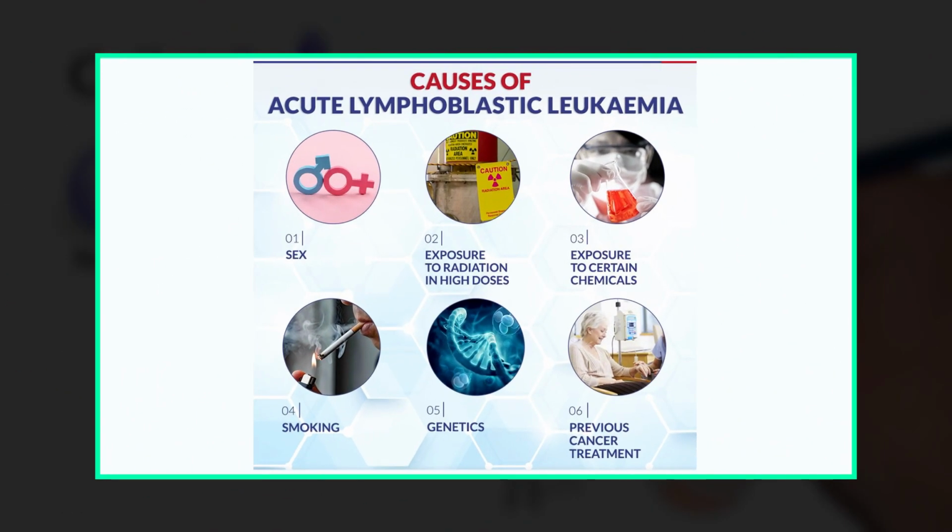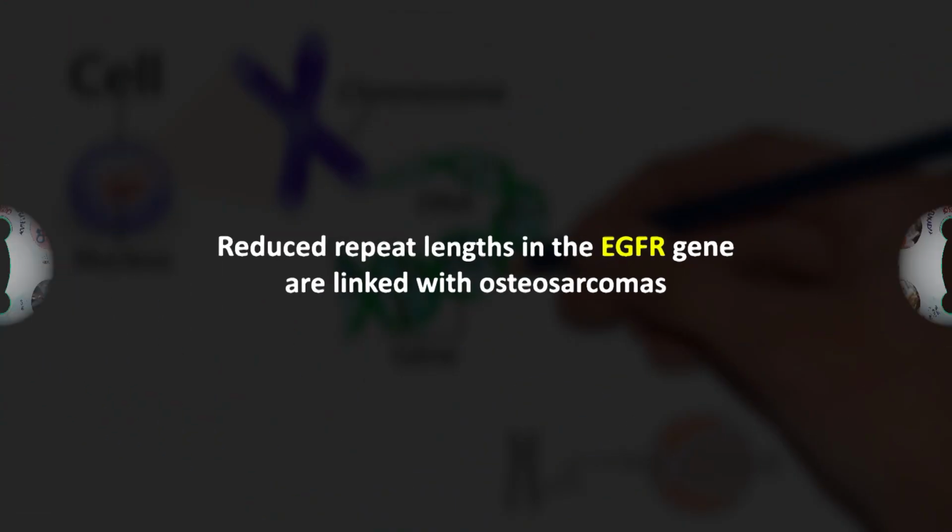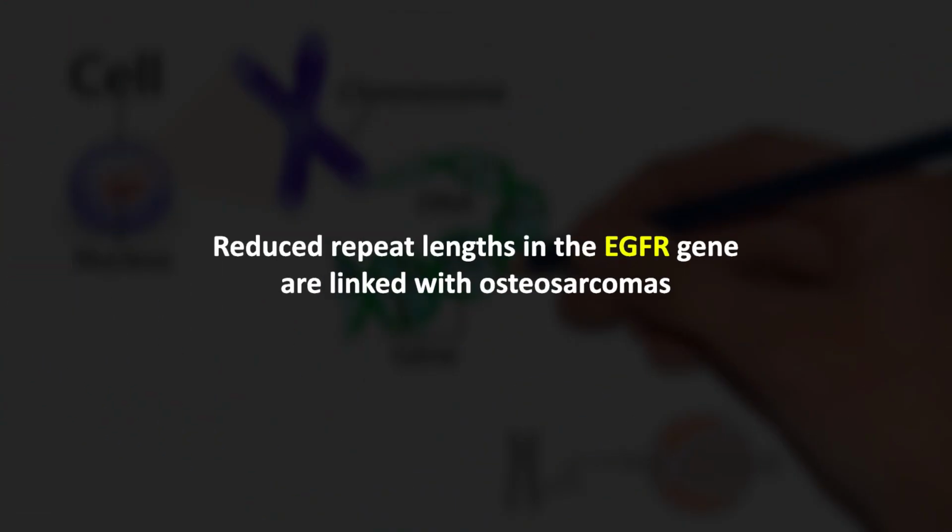Tandem repeats in the first intron of the asparagine synthetase gene are linked to acute lymphoblastic leukemia. Reduced repeat lengths in the EGFR gene are linked with osteosarcomas.